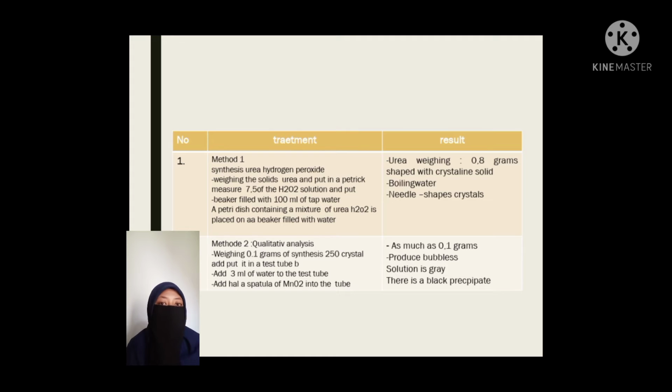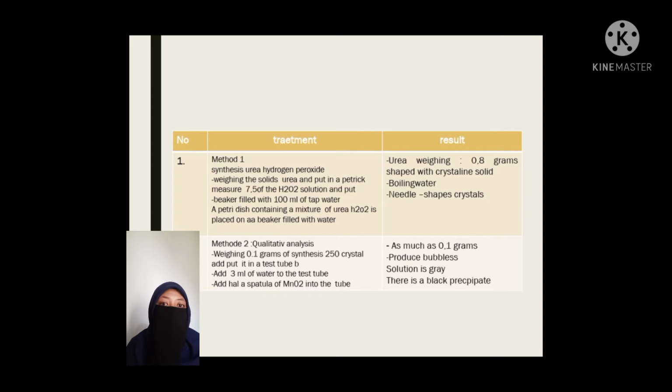Number 1, method 1. Synthesis of urea-hydrogen peroxide. Weigh the solid urea and put it in a petri dish. Measure 7.5 ml of the H2O2 solution and add it. Next, fill a beaker with 1000 ml of tap water.